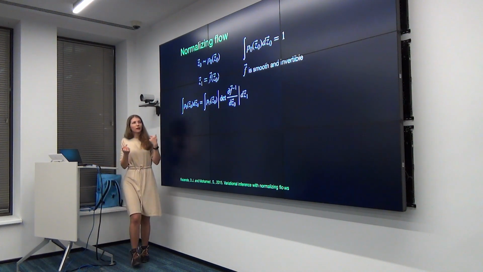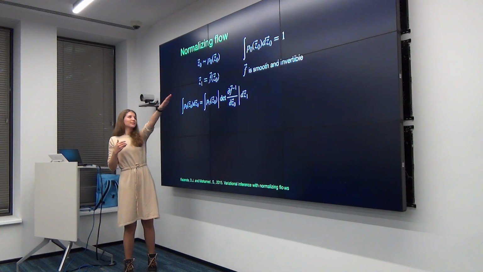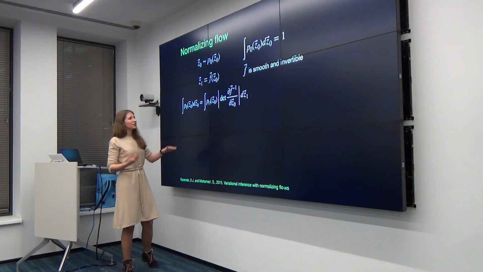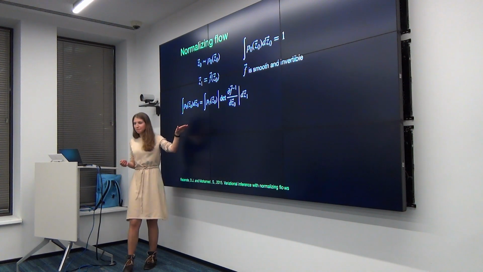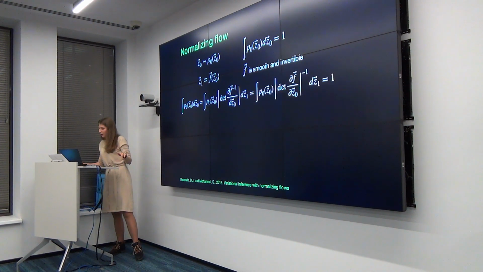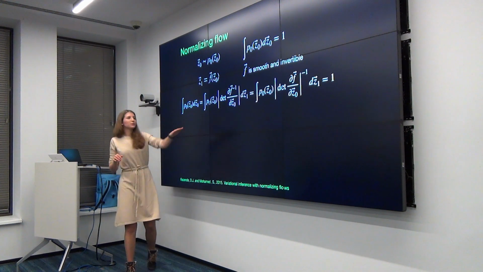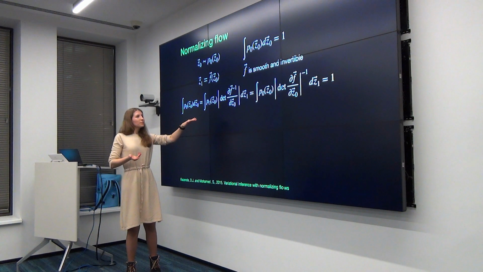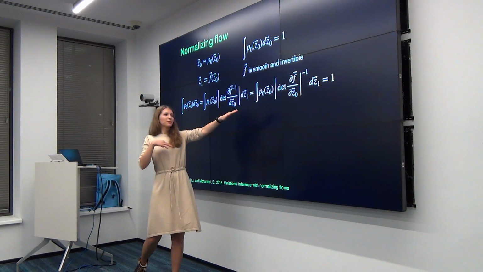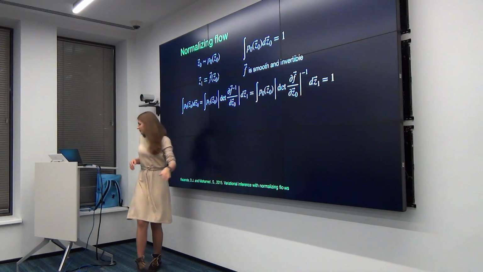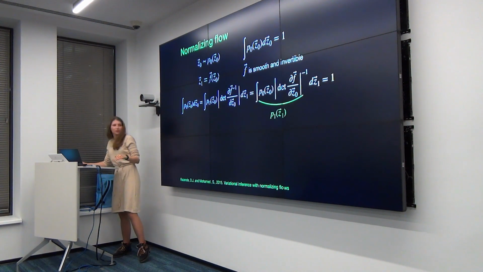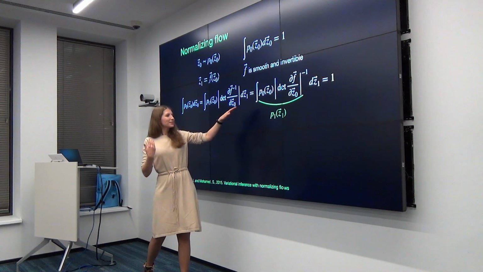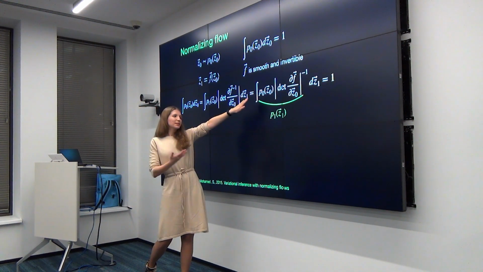Then we can write that integral in another way, using the change of variables theorem. After that, we use the fact that the determinant of the inverse matrix is the inverse of the determinant of the initial matrix. And looking at this more carefully, we can note that this is a density for Z1.